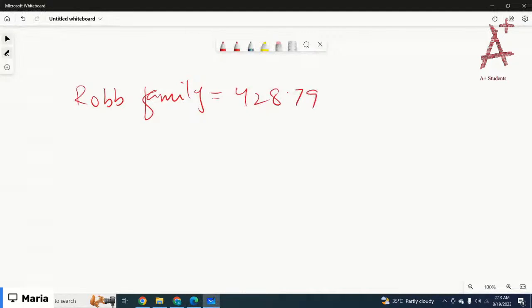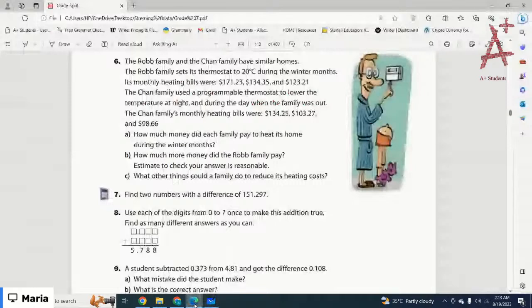Now let me add the other family, the Chen family: 134.25 plus 103.27 plus 98.66.